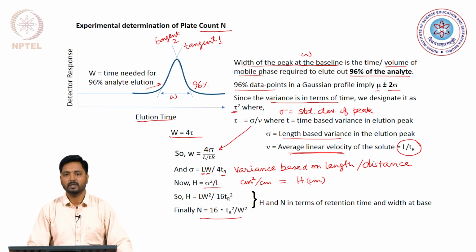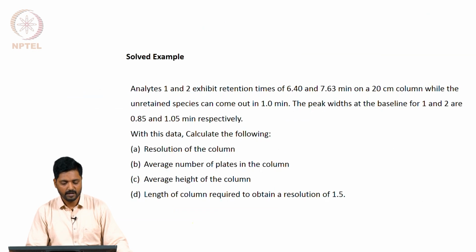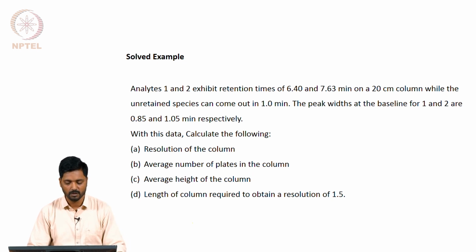Now, in the final part of this lecture, I have for you a solved example where we will be calculating the H and N values as well as the resolution of this column based on the chromatographic data that is provided.